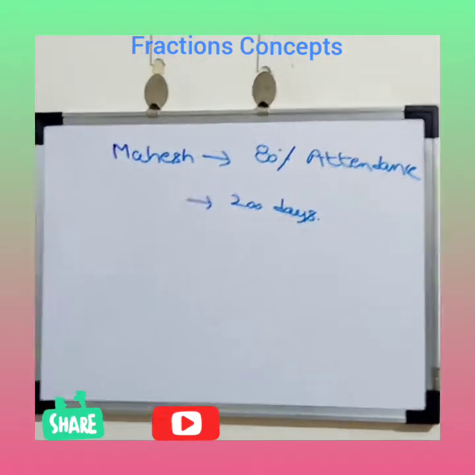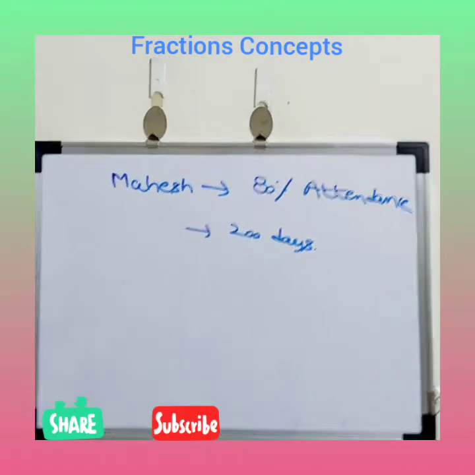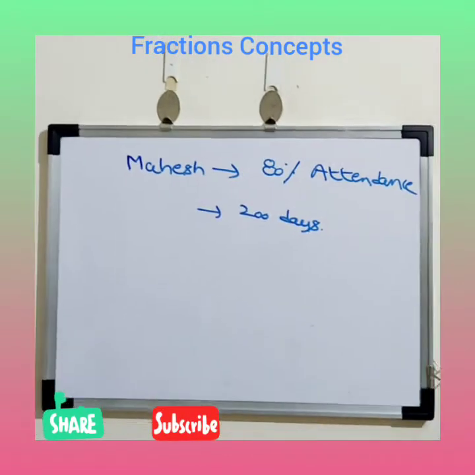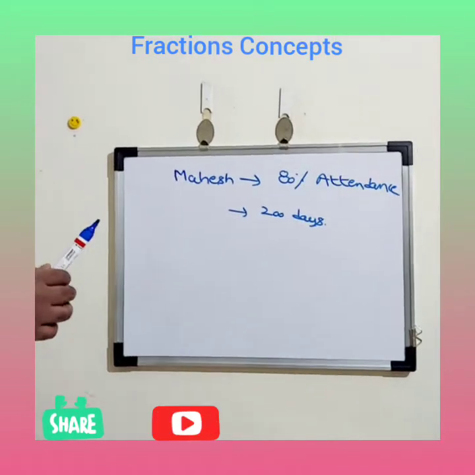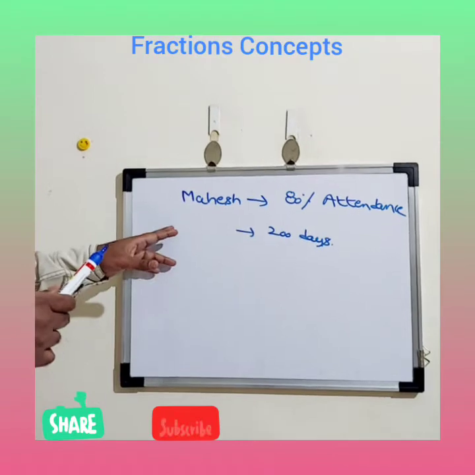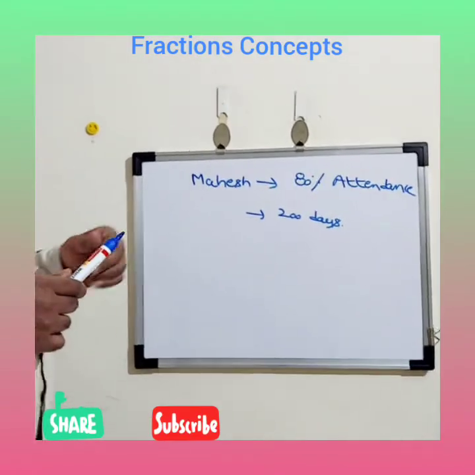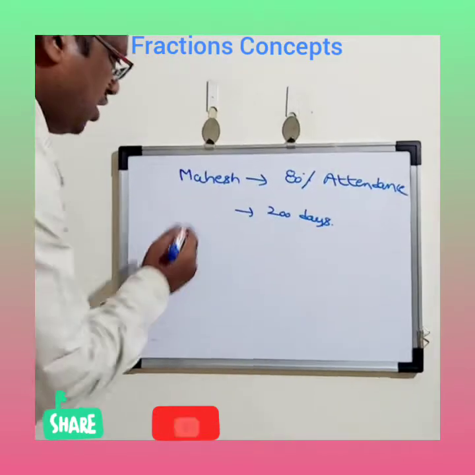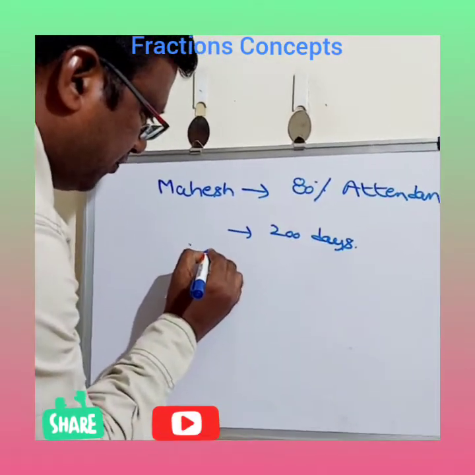We will discuss one more problem which is also related to percentage. Here the problem is that Mahesh attended college with 80% attendance. Another condition given in the problem is that Mahesh attended college 200 days. Now the question is, how many days was the college open?